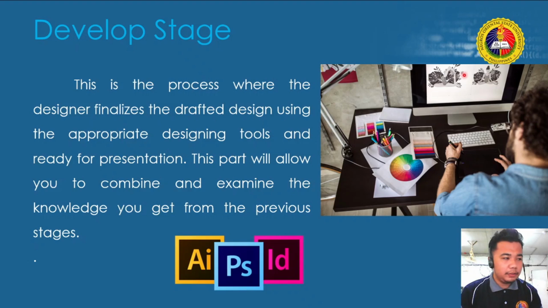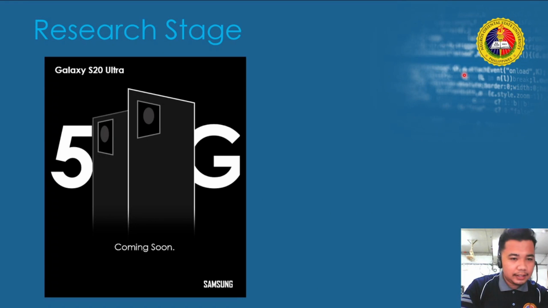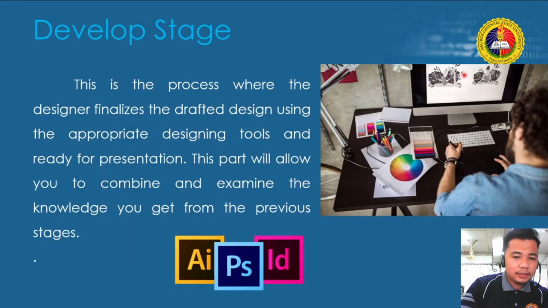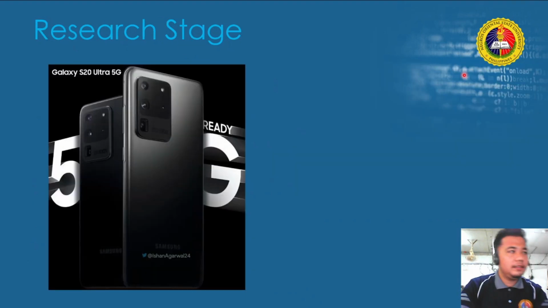So you can either use Adobe Illustrator, Adobe Photoshop, or Adobe InDesign, depending on the kind of graphic design that you are doing. Okay? So this time, it's no longer just a sketch. This time, you are going to actually develop the design according to what you've learned from the previous stages. Okay, so let's take a look at the final poster.